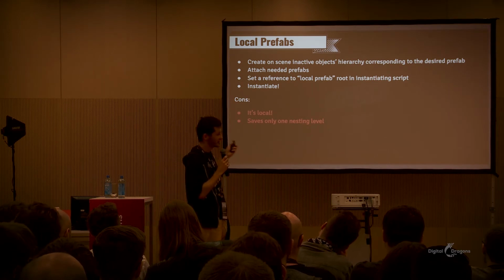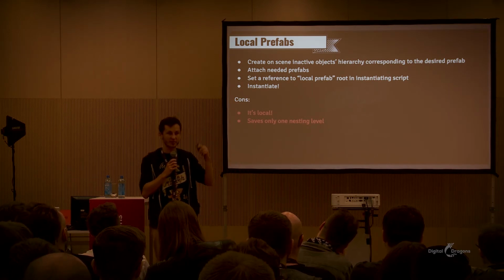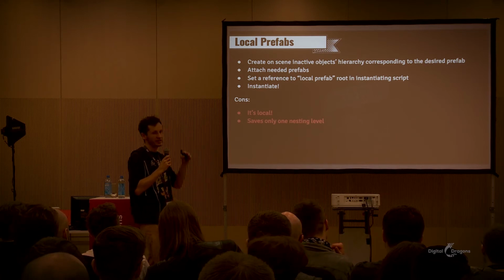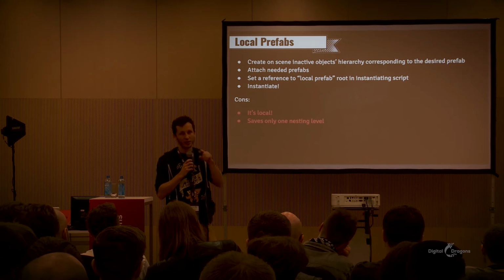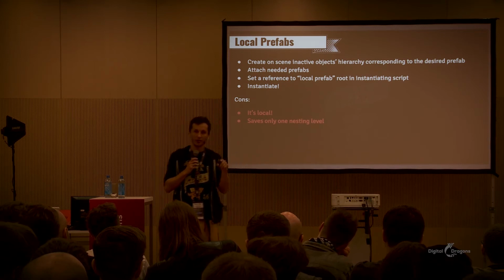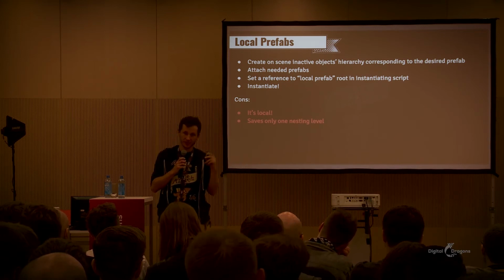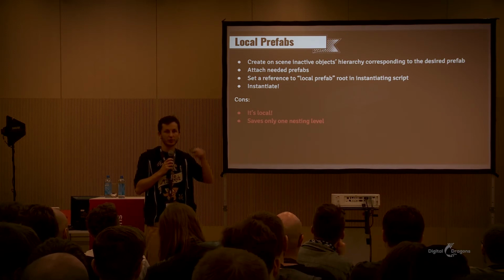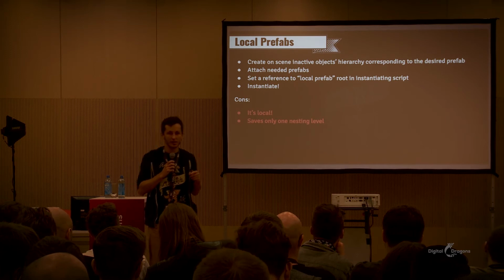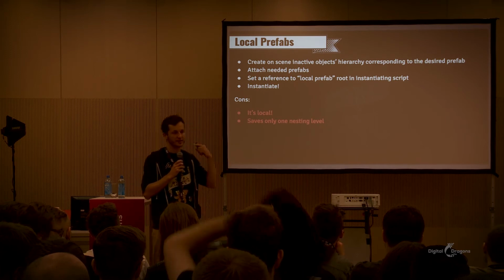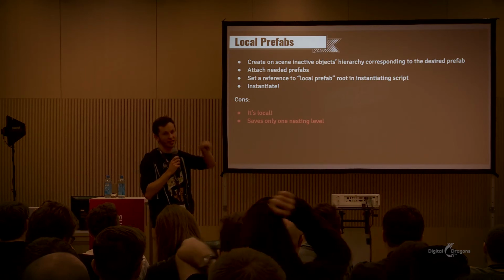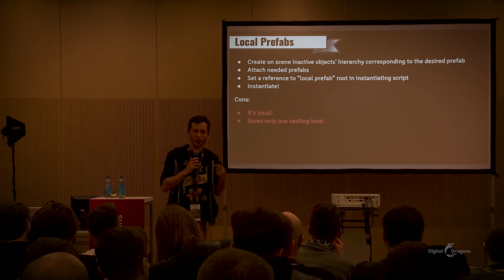So what we did in this case, we made prefabs out of the cells, as usual, and then on the scene, where there is this table, we made an object with a row, made it inactive to be invisible, and then pointed a reference to this row to the script managing the table. So the script is treating this object as a prefab of a row.